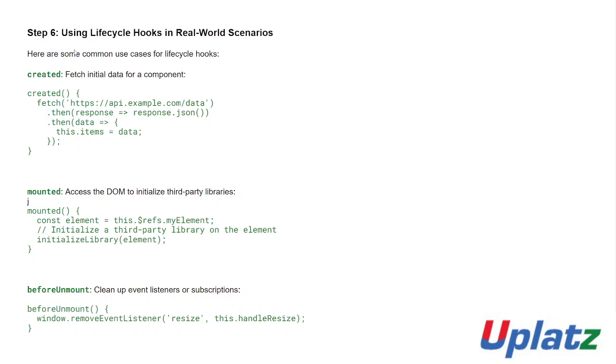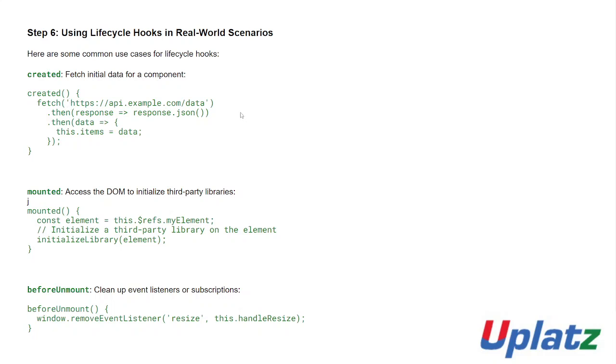Step 6. Using lifecycle hooks in real world scenarios. Created: fetch initial data for a component. Here are some common uses.